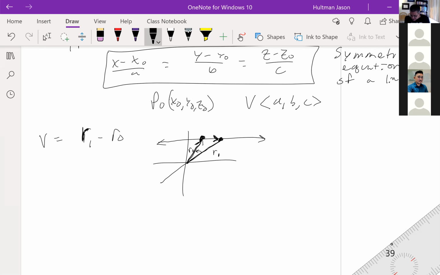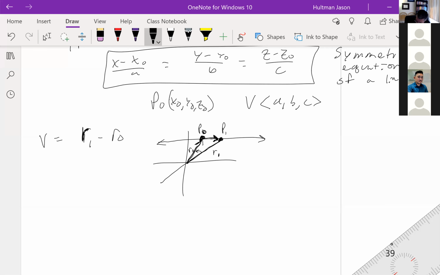That's the distance between P naught, we'll call it, and P1. After one unit of time or one unit of measurement, however you want to think about it. It's after t is equal to 1, basically.